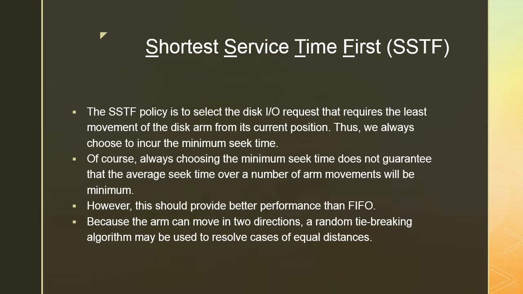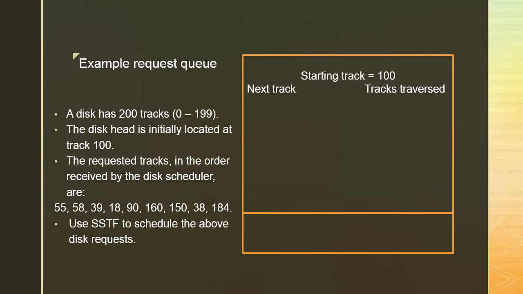Because the arm can move in two directions, a random tie breaking algorithm may be used to resolve cases of equal distances. The example request queue is the same, but we need to use SSTF to schedule the above disk requests.